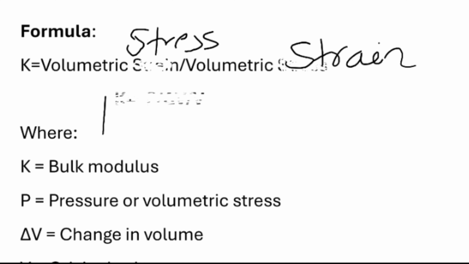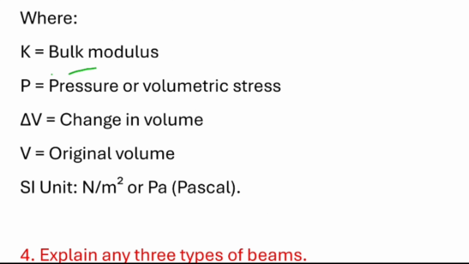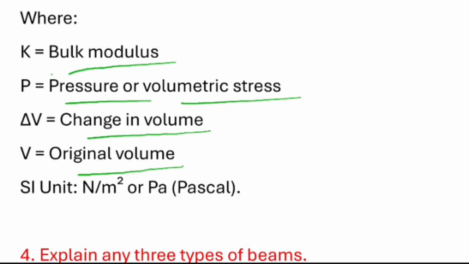The formula becomes K is equal to P divided by delta V by V. This is the formula for the bulk modulus. K is the bulk modulus, P is the pressure or volumetric stress, delta V is the change in volume, V is the original volume. SI unit is Newton per meter square or Pascal.